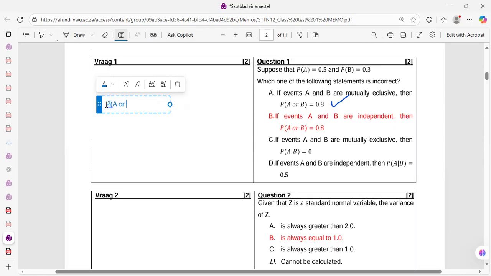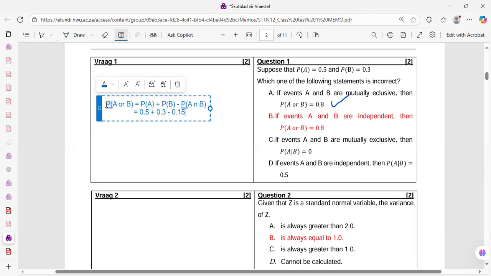Probability of A or B is equal to probability of A plus probability of B minus probability of A and B. Now you substitute the values: probability of A is 0,5 plus probability of B is 0,3 minus probability of A and B, which is 0,5 multiplied by 0,3, and you will get 0,15.